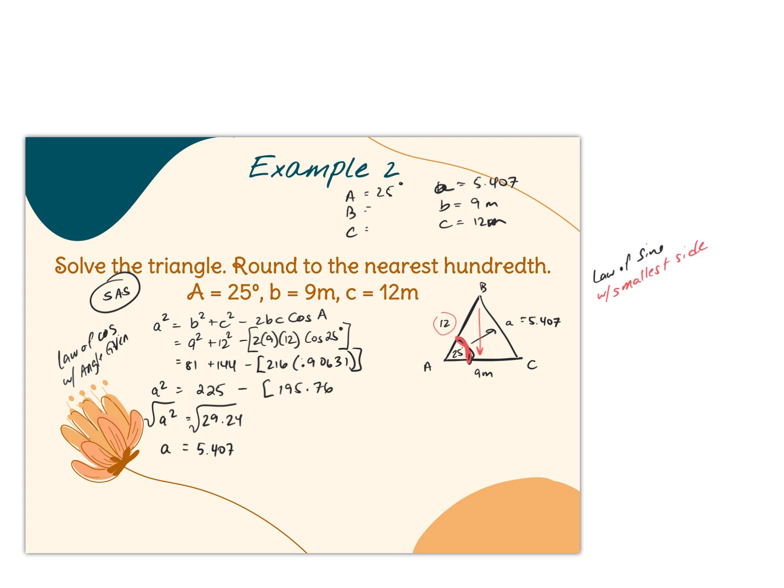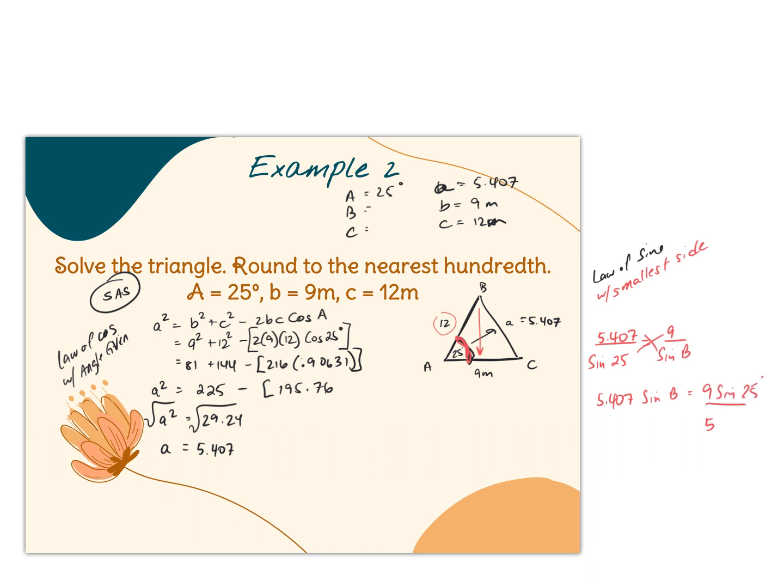I'm going to use the relationship of a, 5.407, over the sine of A, and it's going to equal little b, 9, over the sine of angle B. So I'm going to do my math here. 5.407 times the sine of angle B equals 9 times the sine of 25 degrees.